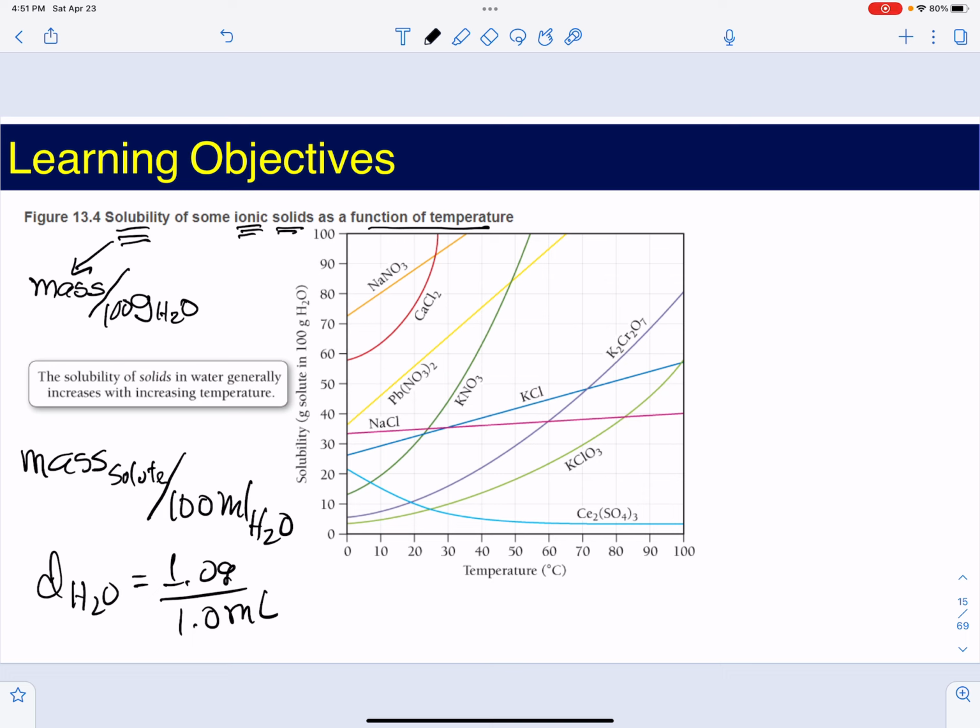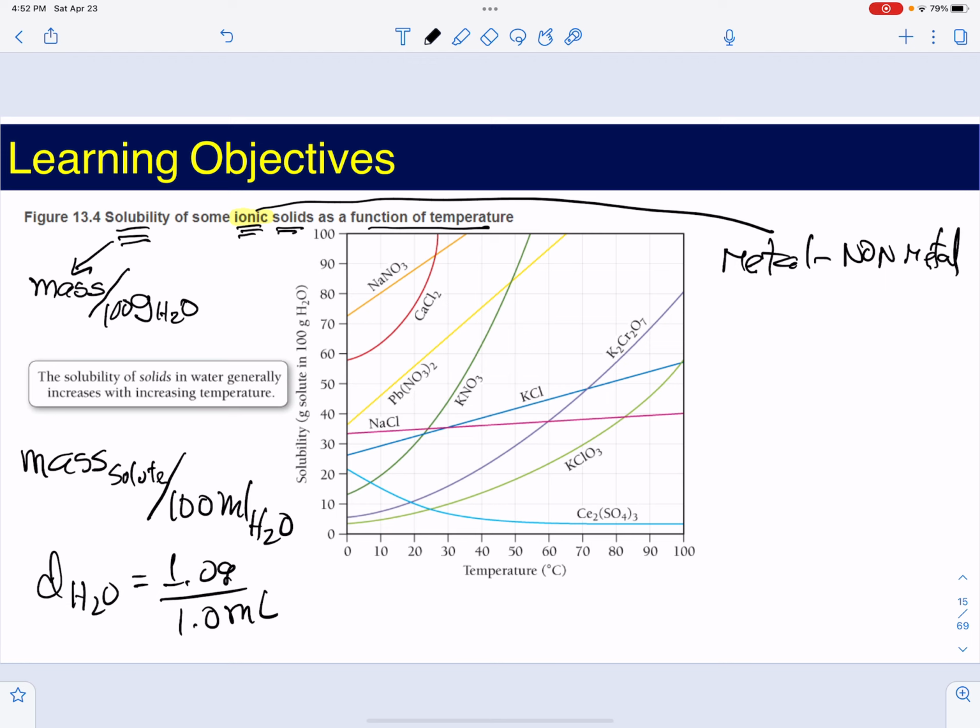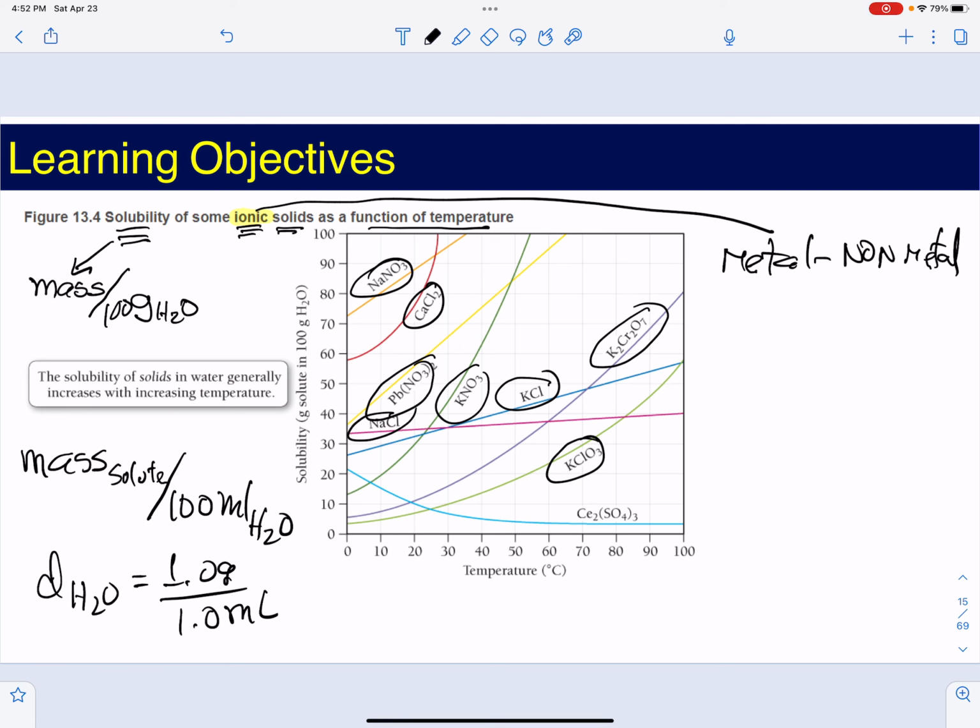And what's the other concept that we have to understand? Ionic, and you already know ionic. Ionic is a compound that is made out of a metal and a non-metal. And you remember how to find those on the periodic table. So all these are going to be ionic compounds: metals and nonmetals, metals and polyatomic ions.